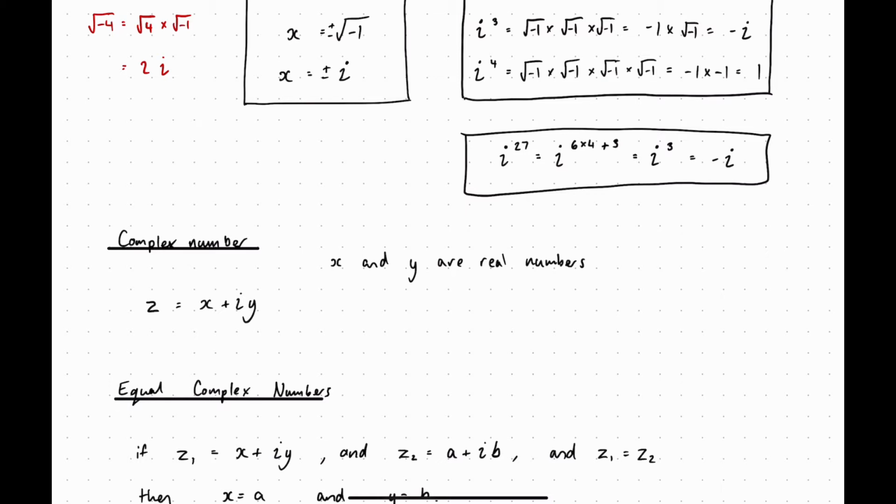The real part is the x part, and the iy is the imaginary part. Even though y is in itself a real value, it's a real value times an imaginary value, so it's considered an imaginary part.